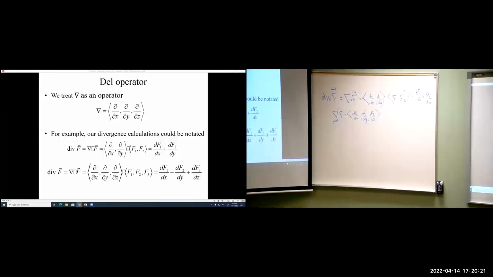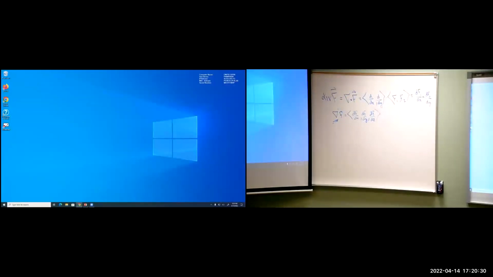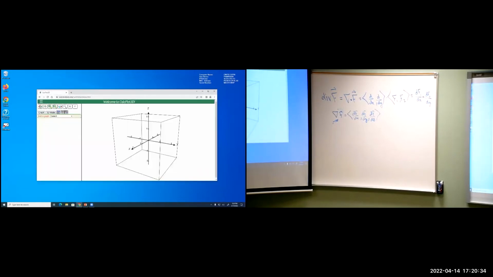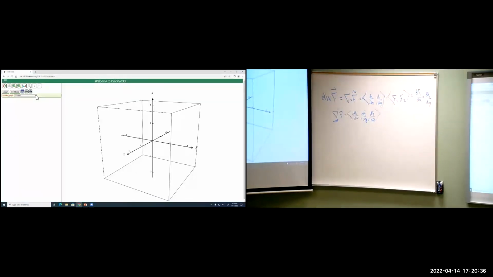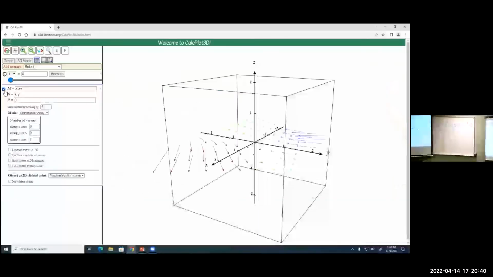Okay, let's do one thing that I think is kind of cool, and then we'll go over to the worksheet. This is something you guys can play around with, CalcPlot 3D. Bring up a vector field. I'm just going to use the one they have in there.